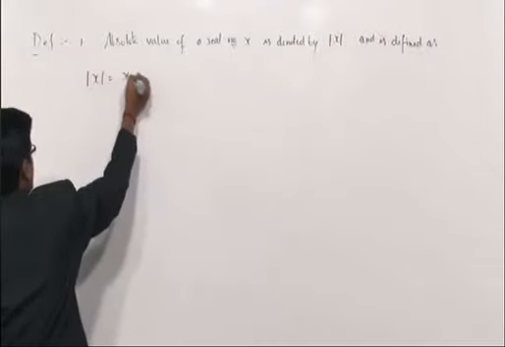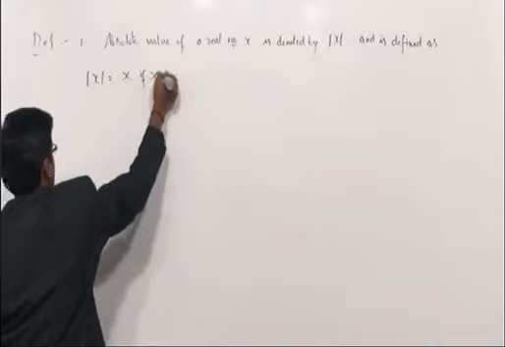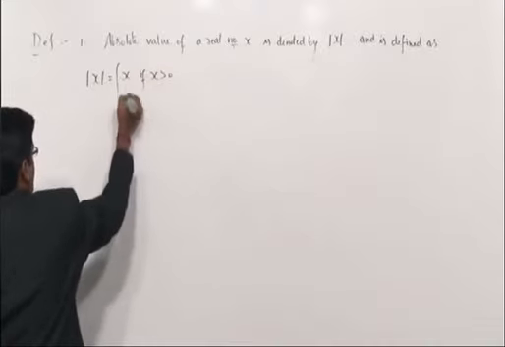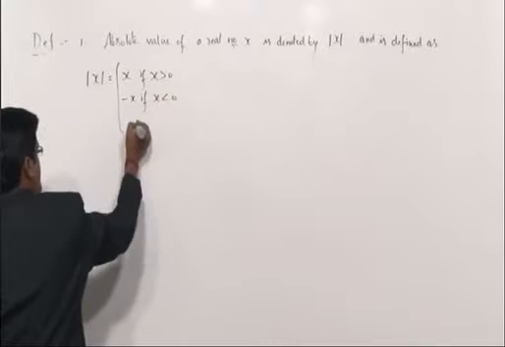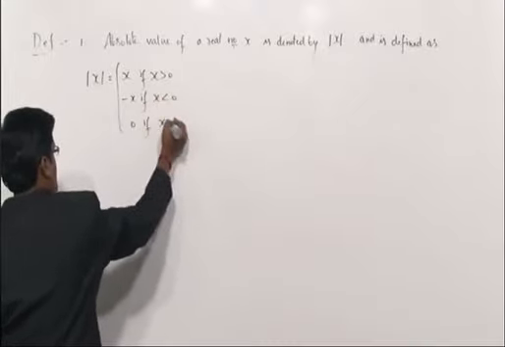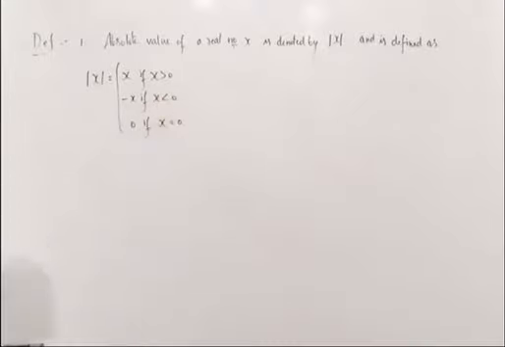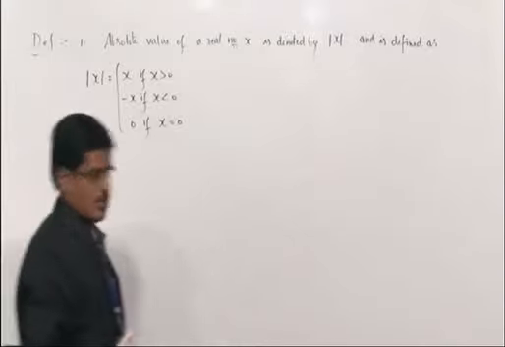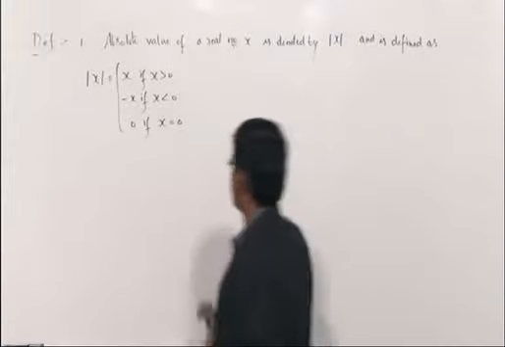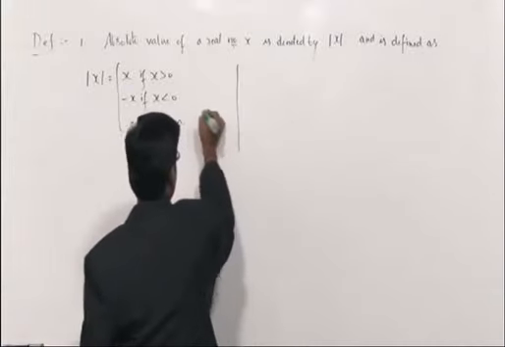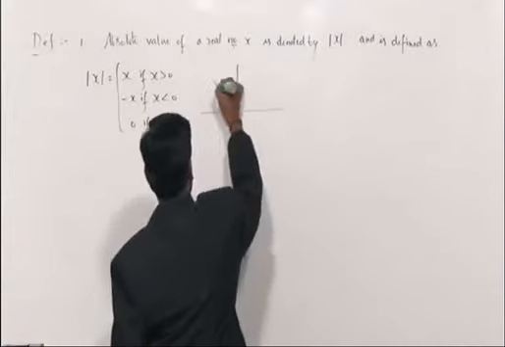mod x is equal to x if x is greater than 0, minus x if x is less than 0, and 0 if x is equal to 0. That is three cases: less than 0, greater than 0, and 0. This covers all real numbers. The graph of this function is in the form of a V shape.